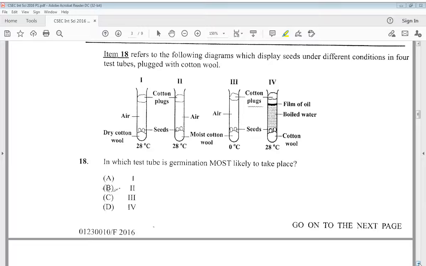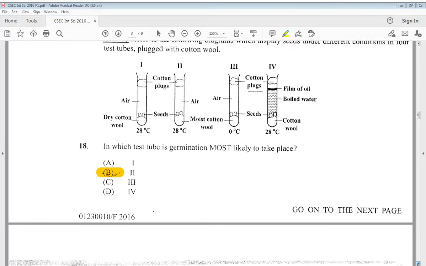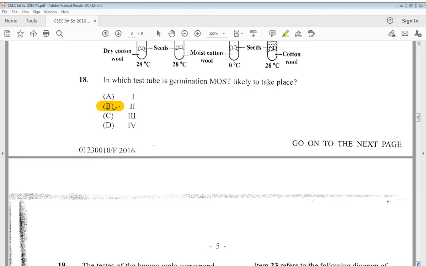This is a popular question that has been on most of these papers so far that we have worked out. So the answer is B, 2. This one here. And we had explained why conditions in that test tube would germinate in previous videos.